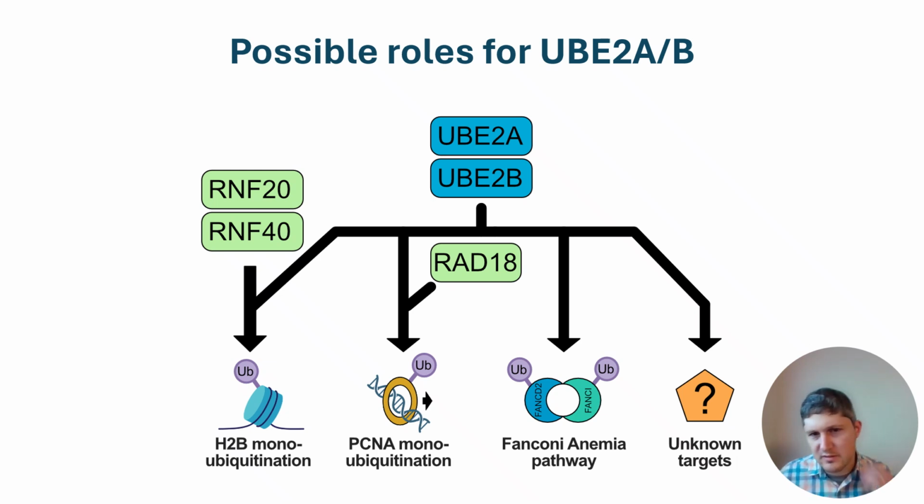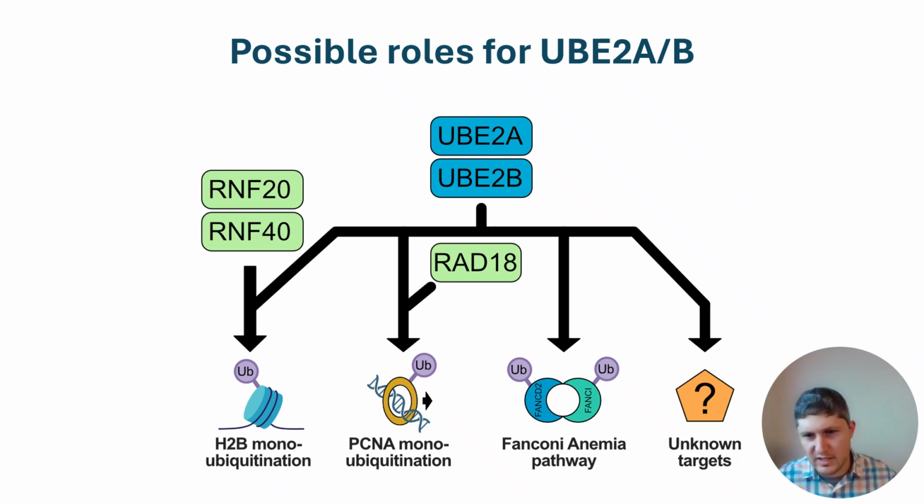And then a third possibility, so I mentioned the Fanconi anemia pathway was previously shown to be involved in this AAV-mediated homology-directed repair. And the key regulatory step for the Fanconi anemia pathway is ubiquitination of FANCD2 or FANCI.